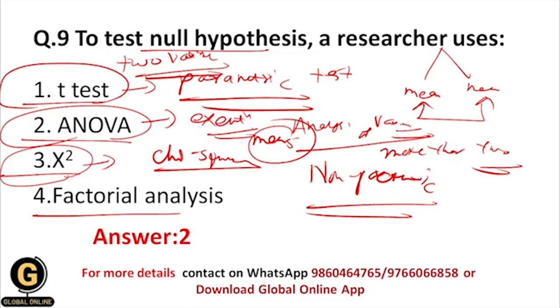And that's why to test a null hypothesis, researcher does not use chi-square test. Researcher uses ANOVA. And what is factorial analysis? Basically factorial analysis is the technique by which we reduce a large number of variables into smaller variable factors, and that's why it is called factorial analysis. So your correct answer for this question should be 2.